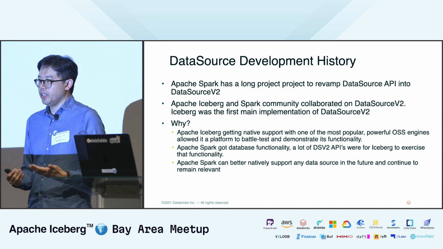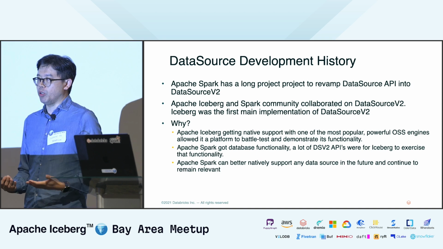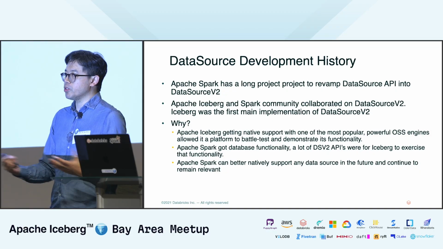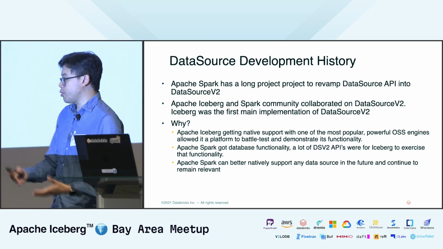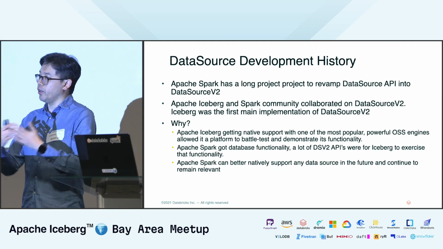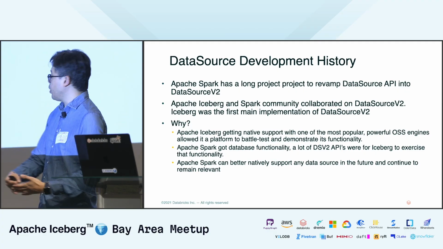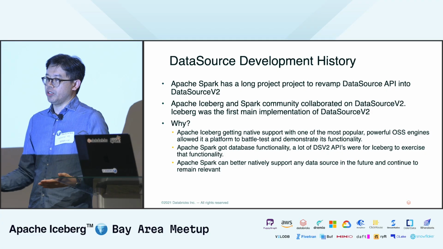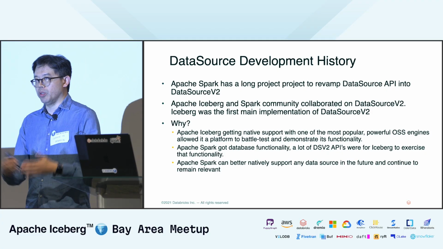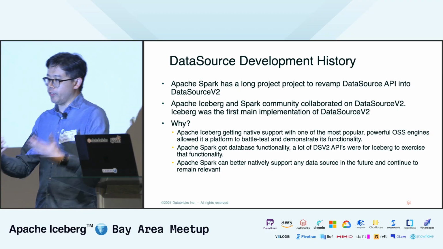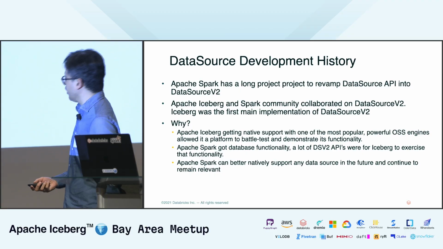Iceberg from early on got almost native support from the world's premier, most popular and most powerful open source engine. And then Spark got database functionality, right? Like it was not really ACID compliant, now it is. And then Spark can also, by abstracting this out, if the data gravity changes later on, obviously we hope Iceberg will be forever, but if it changes to something else, Spark is in a better position to natively support this new thing.